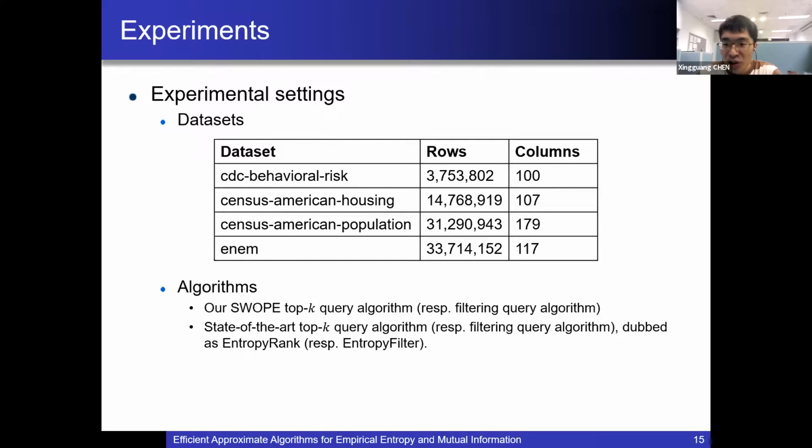We further include the exact solution, termed as exact, as a baseline. For the empirical mutual information, we also include entropy rank, entropy filter, and the exact solution as our competitors.